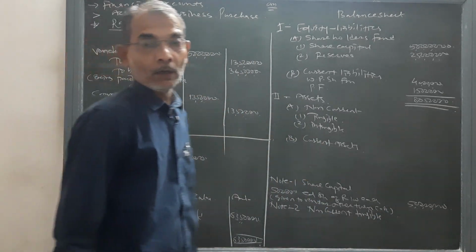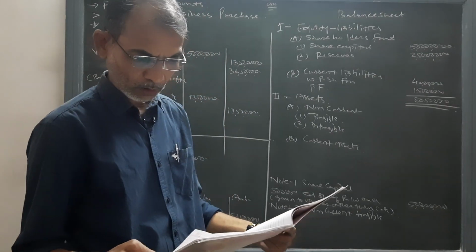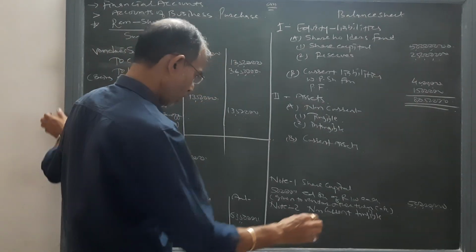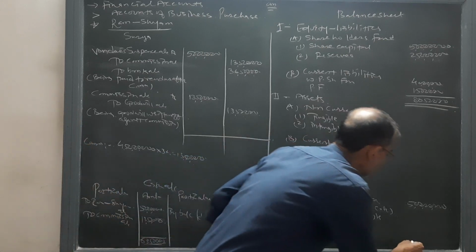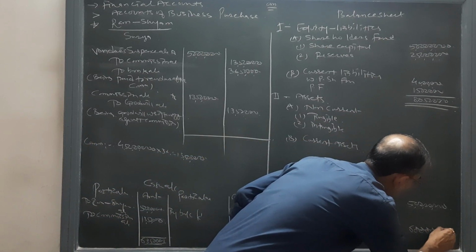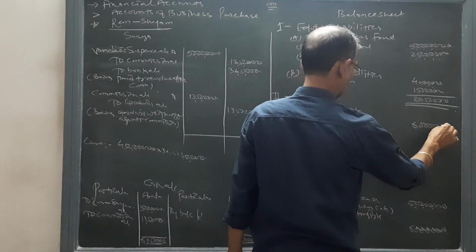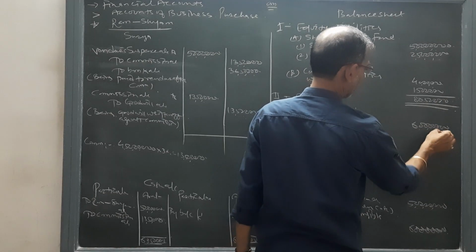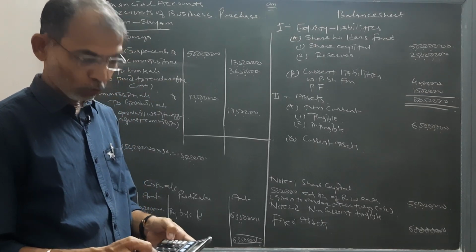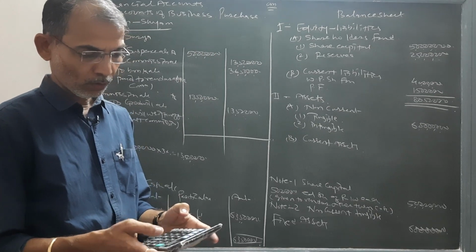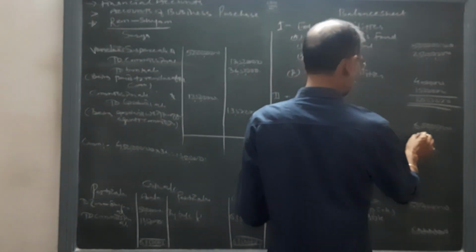Now under tangible fixed assets or non-current assets, that were fixed assets 6 crore. So 6 crore. Goodwill was paid 50 lakh, out of which 13 lakh 50,000. So 36 lakh 50,000 is goodwill.